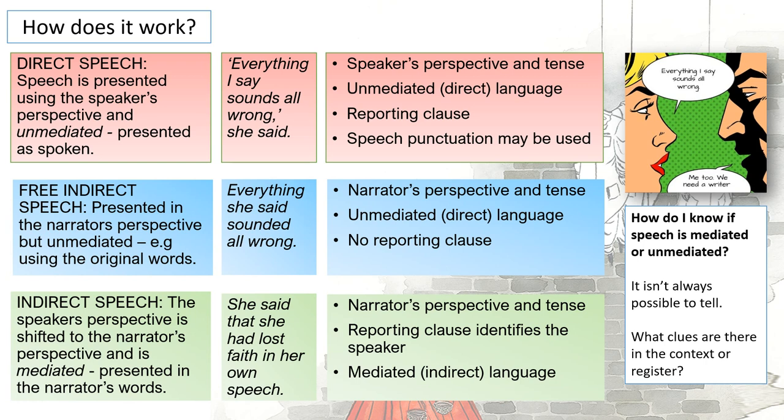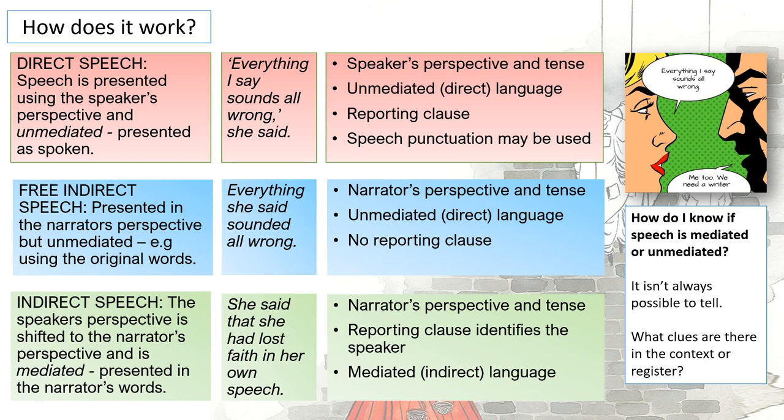Perhaps easier to identify is the final example, the indirect speech. Here, of course, we have again the narrator's perspective and tense, but we have that reporting clause that identifies the speaker, and we have the mediated language. So the language has been changed, and we know now that we are experiencing the narrator's words rather than the speaker's words.